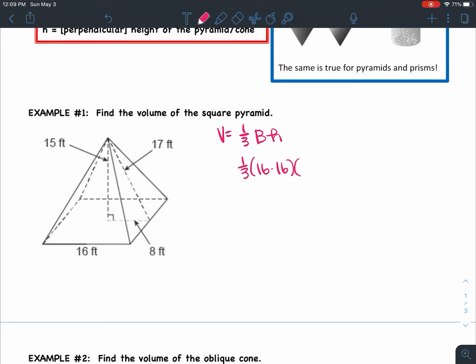And the height from the bottom up to the vertex is 15. So I'm going to do 16 squared, and 1/3 of 15 is 5. So 16 times 16 times 5 gives me 1,280 cubic feet.